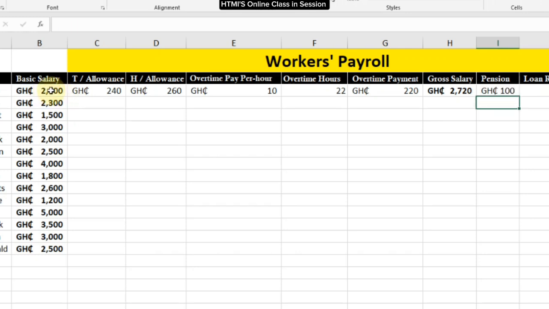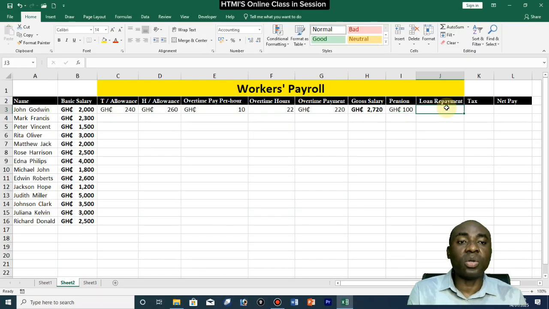So for this person, the pension for this particular month is 100 cedis. Let's say this person has a loan repayment. We are not going to use percentage to determine that. Maybe this person has collected a loan and every month decided to pay back 200 cedis. So it's not all the workers that will have loan repayment every month.